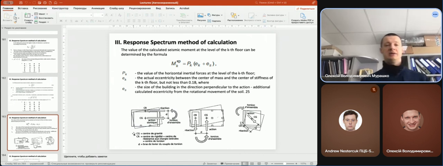In this case, we have the center of mass, which is located in the geometrical center of the building, and the center of rigidity, which is located near this wall. And this gives us this lever arm, which leads to a torsional moment during the calculation.